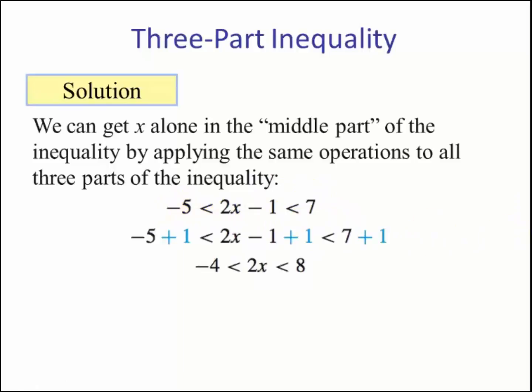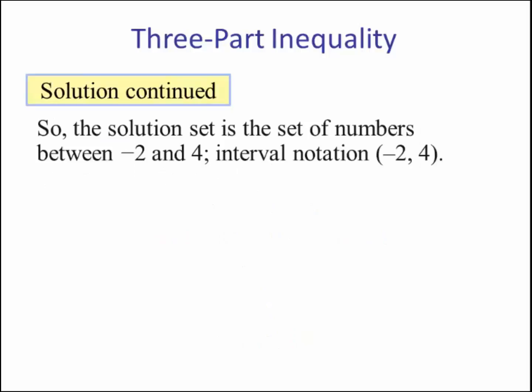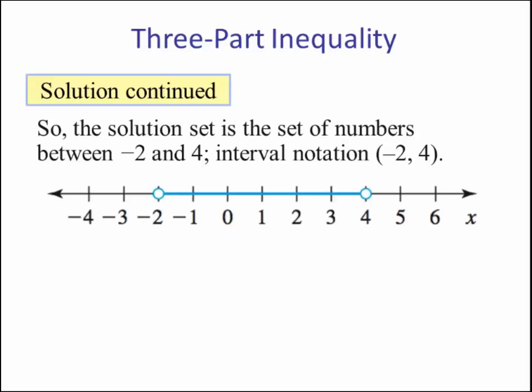We're left with -4 is less than 2x, which is less than 8. Now we divide by 2, and we see that the answer is -2 is less than x, which is less than 4. So all numbers between -2 and 4. In interval notation, it would be parenthesis -2, comma 4, parenthesis.